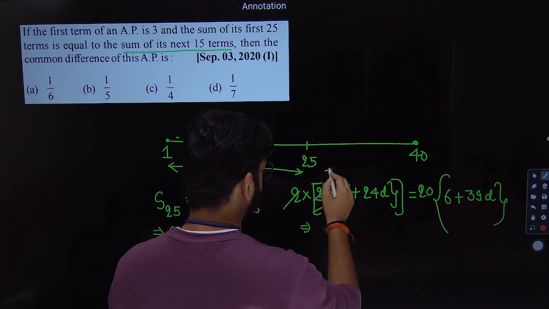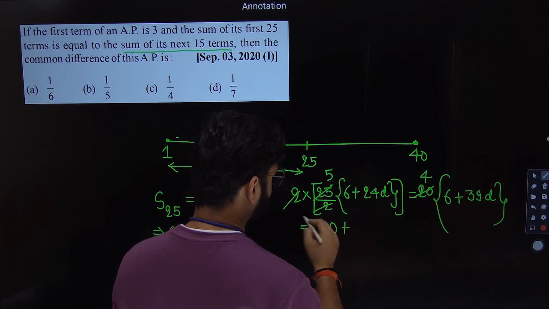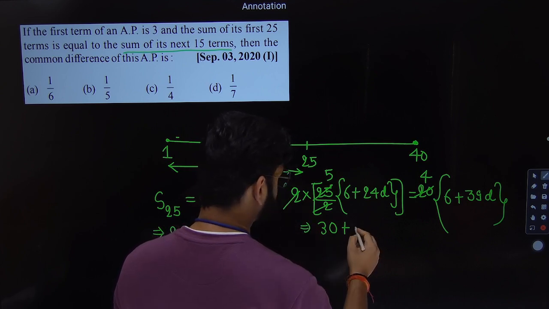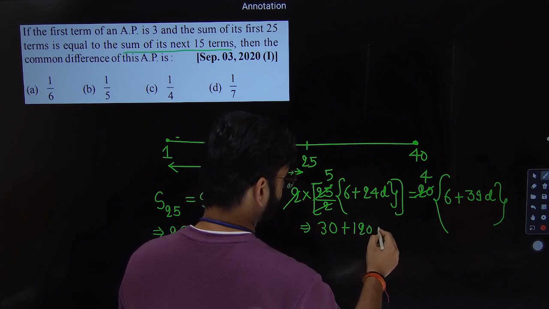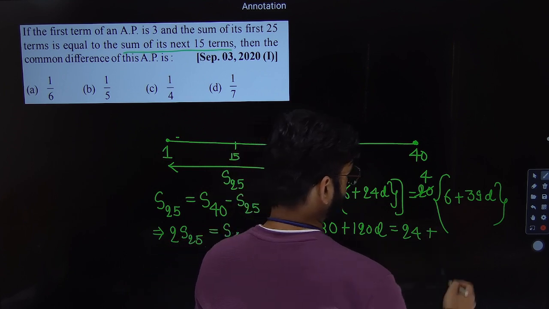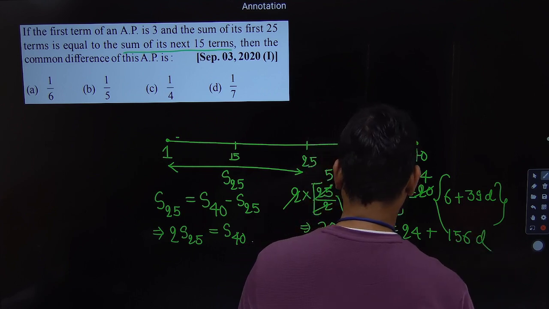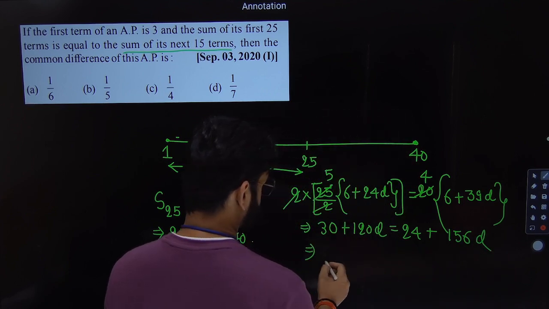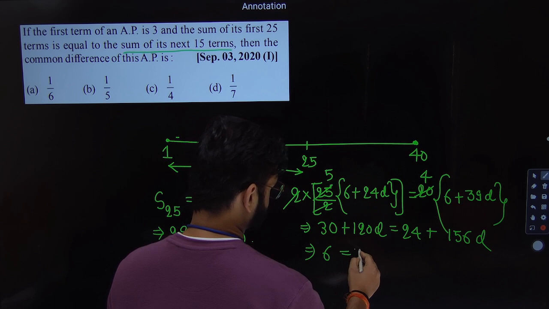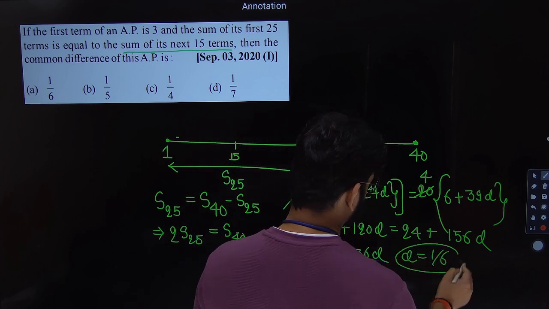So 5 5s are 25, 5 4s are 20. 30 plus 24 into 5 is how much? 120. 24 plus, 4 9s are 36, 4 3s are 12. So 6 equals 36d. So d is 1 by 6.